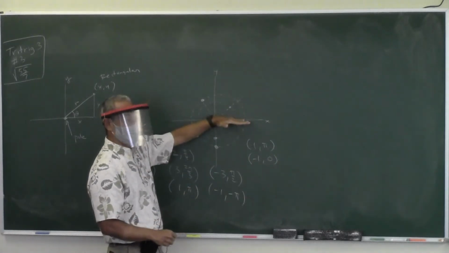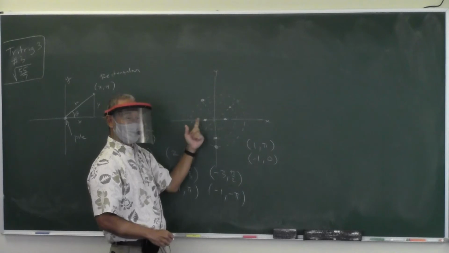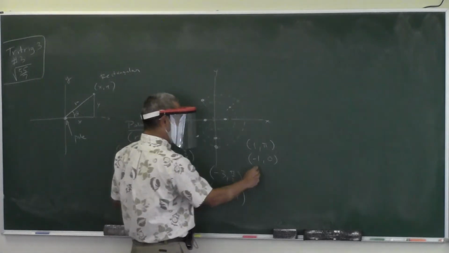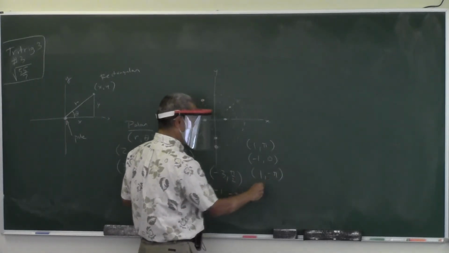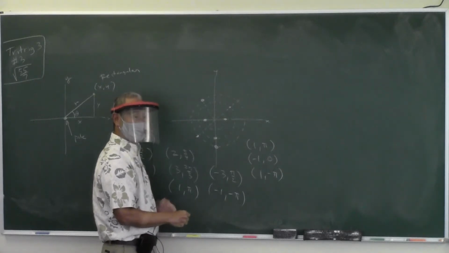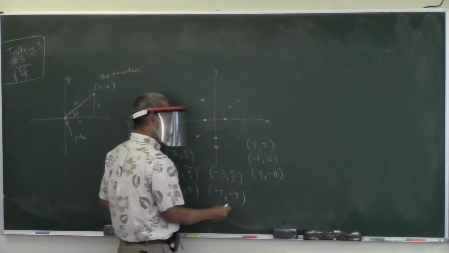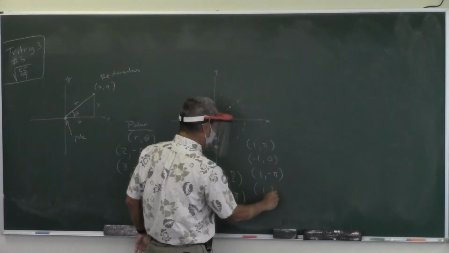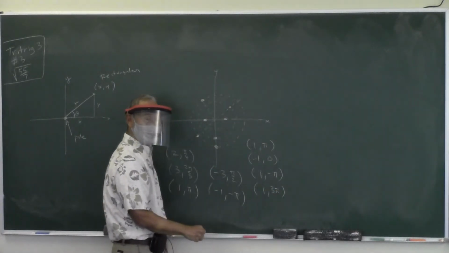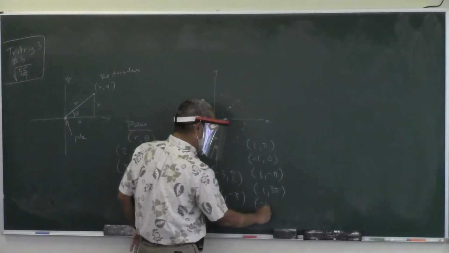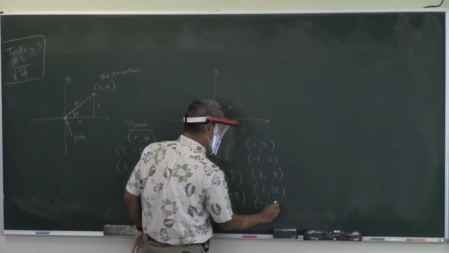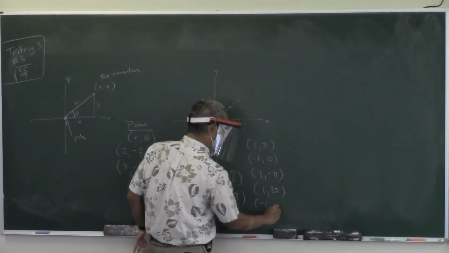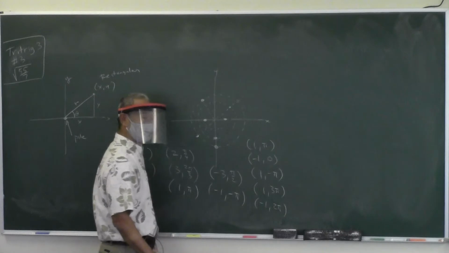Right? Measure off an angle of 0 and then go 1 unit in the opposite direction. What about 1, negative pi? Right? Same thing. What about 1, 3 pi? Right? What about negative 1, 2 pi?